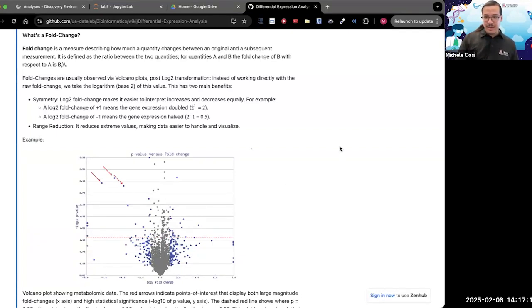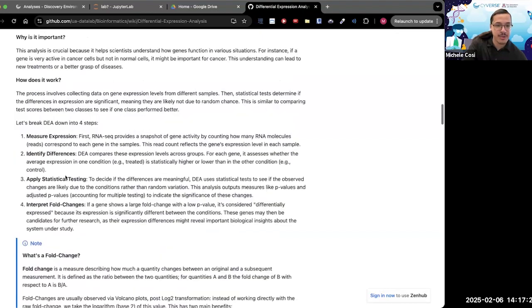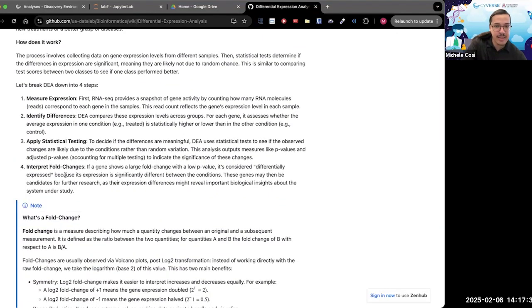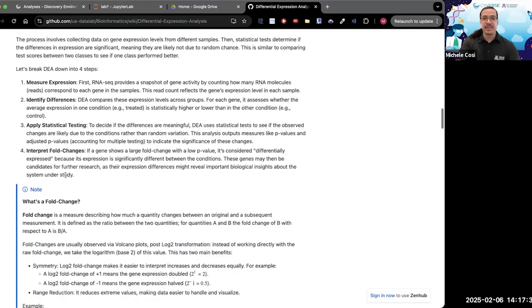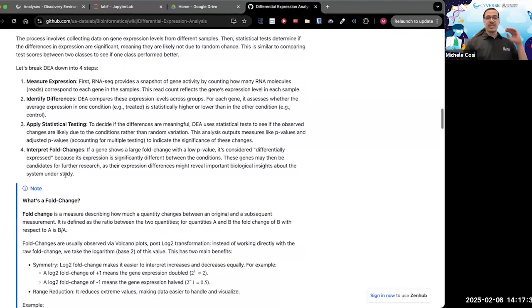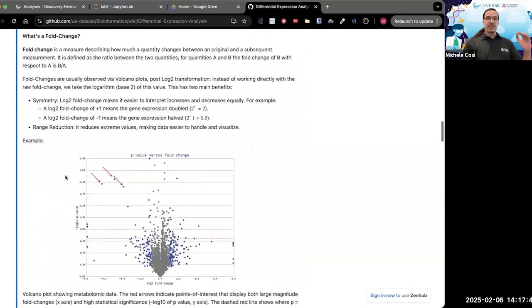No worries. Jose asked, are the differentially expressed ones under the threshold or above the threshold? Hold on, let me read this again. Yes, so the differentially expressed ones are above the threshold.